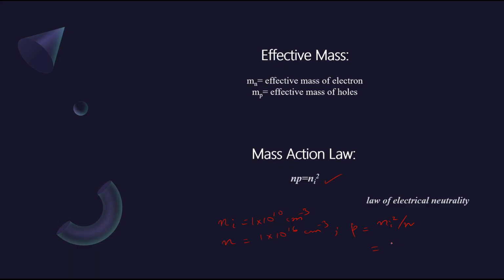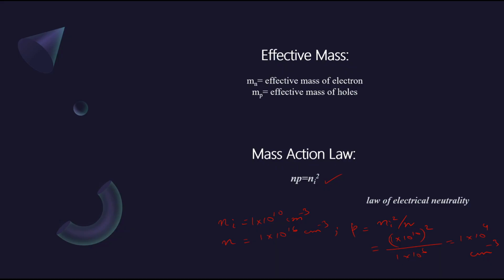Putting the values, ni square is 1 into 10 to the power 10 whole square, divided by n, where the value of n is 1 into 10 to the power 16, which comes out as 1 into 10 to the power 4 per centimeter cube. This represents the holes.